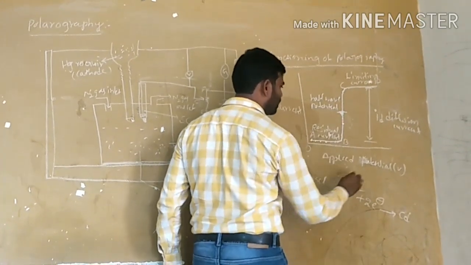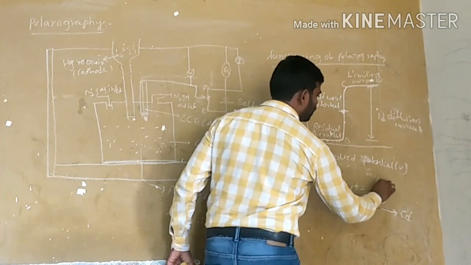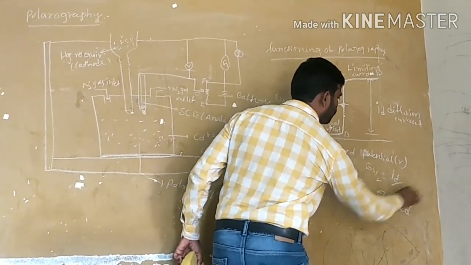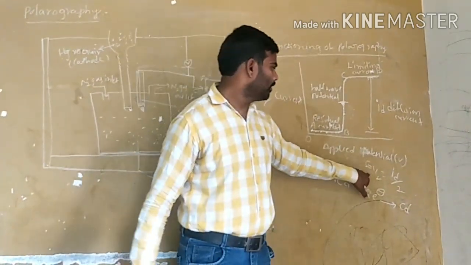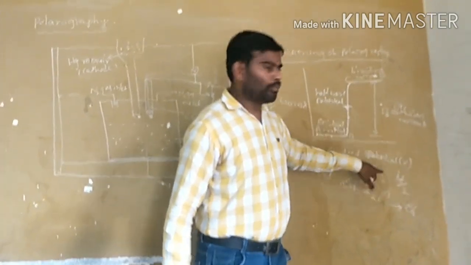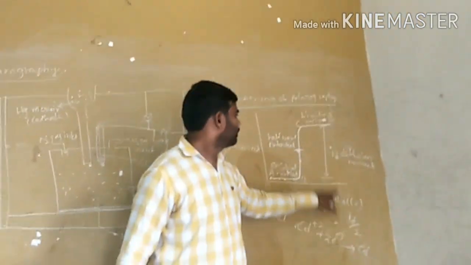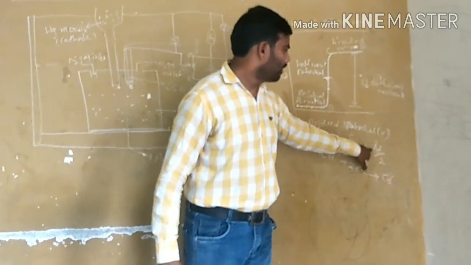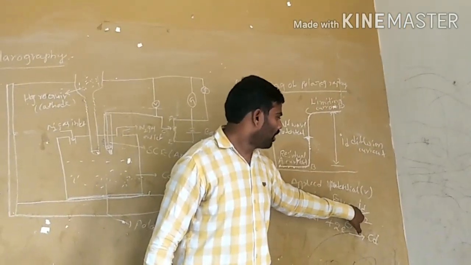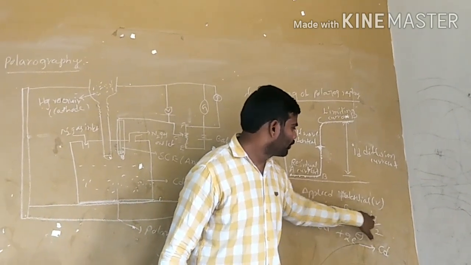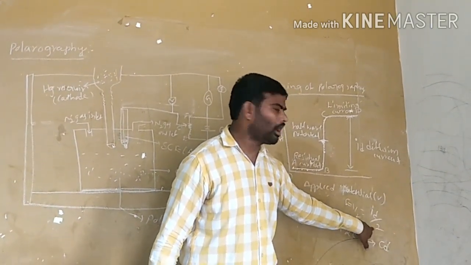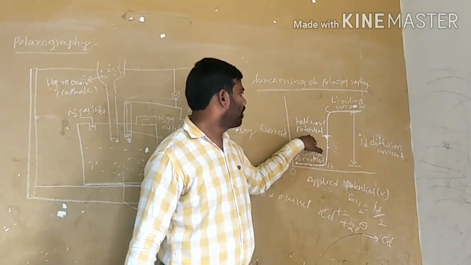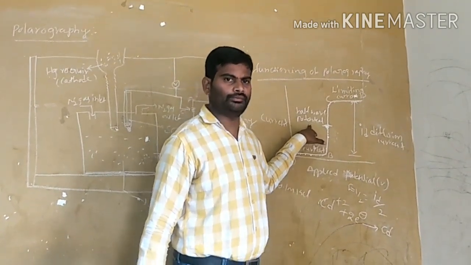It is nothing but the potential at which the polarographic wave current is equal to half of the diffusion current.